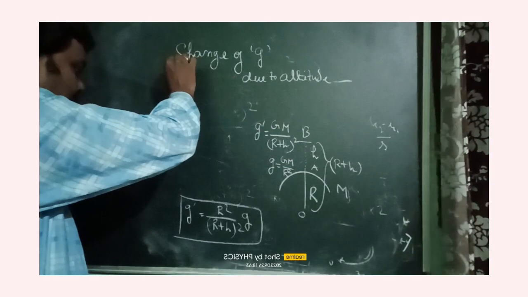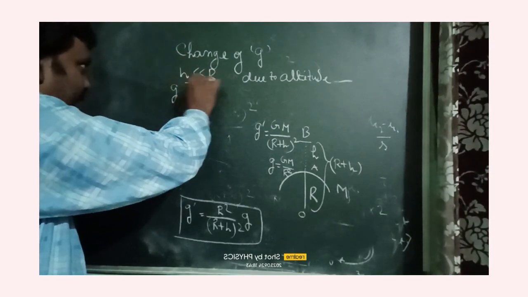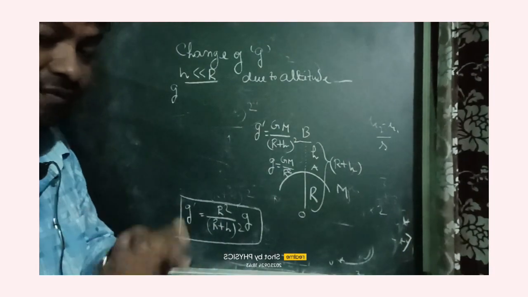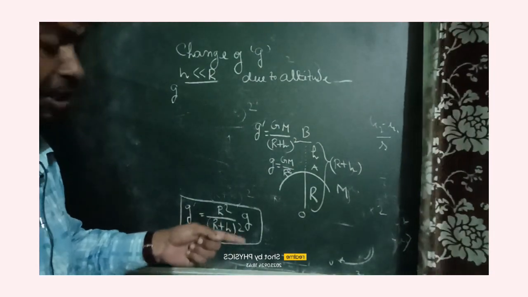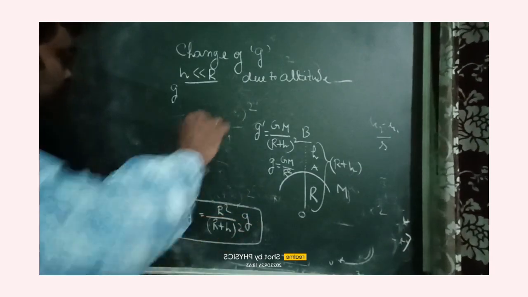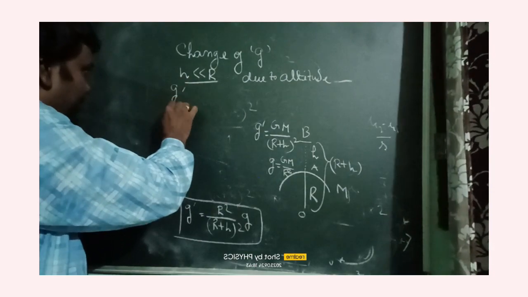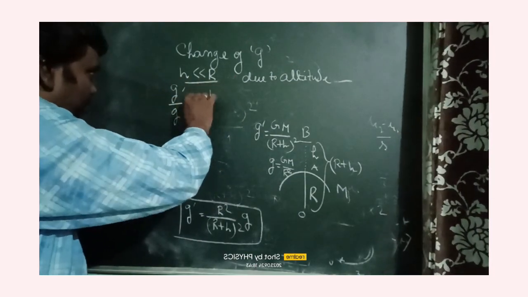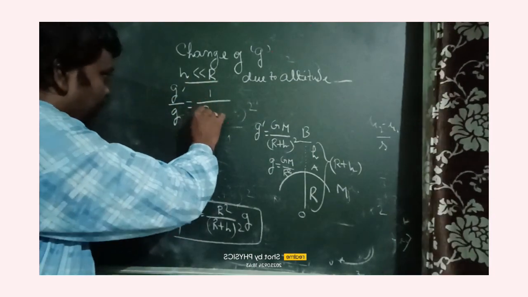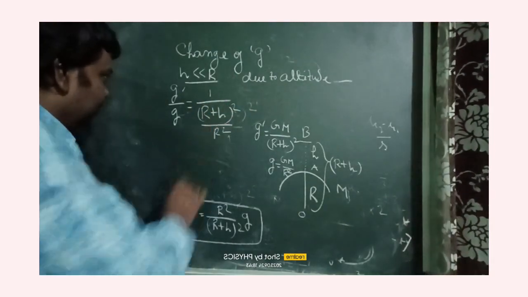We write that h is much less than capital R. Thus the height is very small in comparison to the radius of the earth. Now we have g dash by g equal to 1 by r plus h whole square by r square.